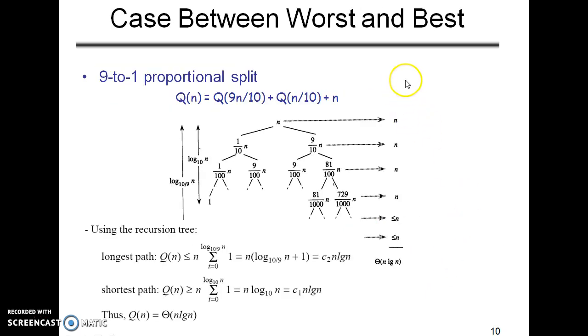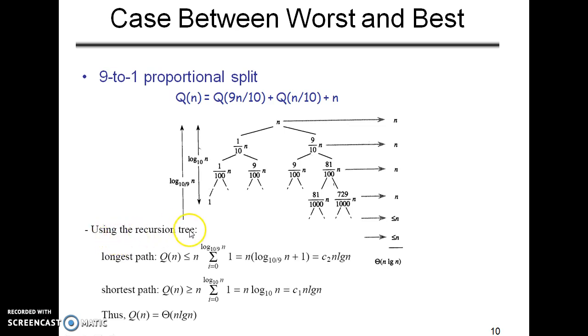Now the case between worst and best case: a 9 to 1 proportional split. The recurrence will be T(n) = T(9n divided by 10) + T(n by 10) + n, and this is the recurrence tree. The height of the recurrence tree will be log n base 10 on one side and log n base 10 by 9 on the other.